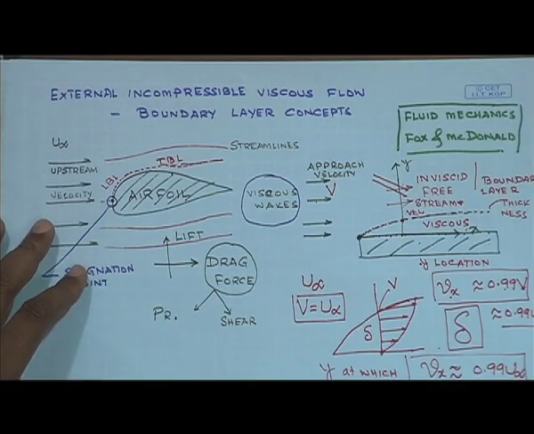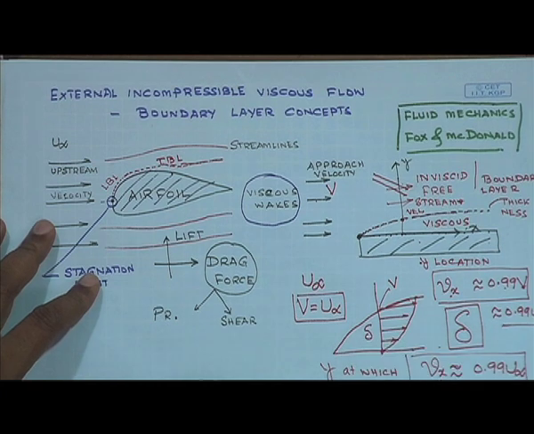That means the gradient of velocity in the x direction with y slowly decreases, and the profile is something that I have drawn over here. So, the profile of the boundary layer is something like this.